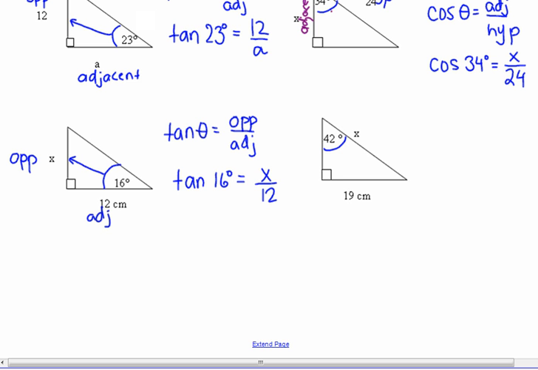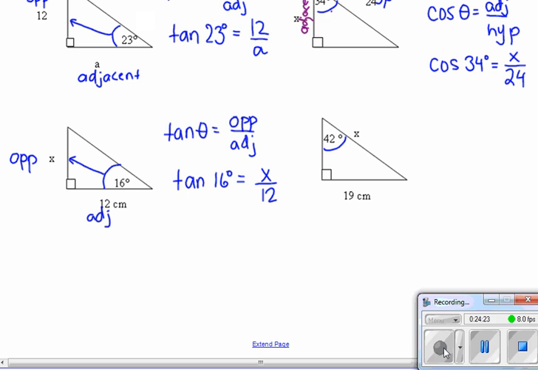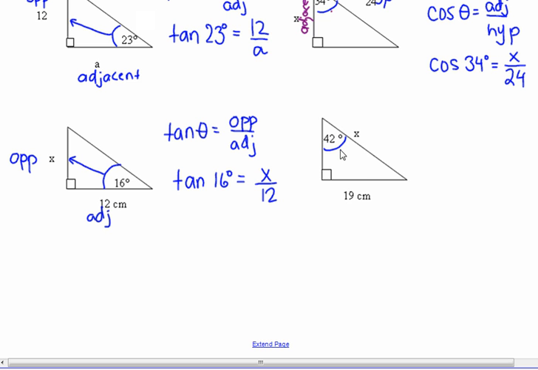Okay, so what's 19? That would be opposite. What would be x? Hypotenuse, because it's opposite the right angle. Okay, so which ratio has O and H? Hypotenuse is opposite the right angle.